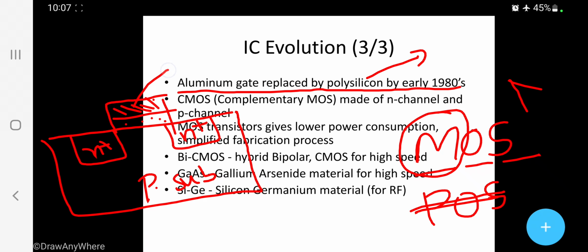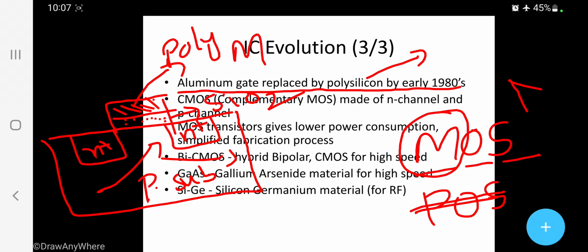Earlier it used to be metal, now it is polysilicon. The dotted lines here are silicon dioxide, SiO2, and this complete region is the P substrate. So earlier, in place of poly you used to have metal, then oxide, then the P substrate. That's why the name came: metal, oxide and semiconductor.